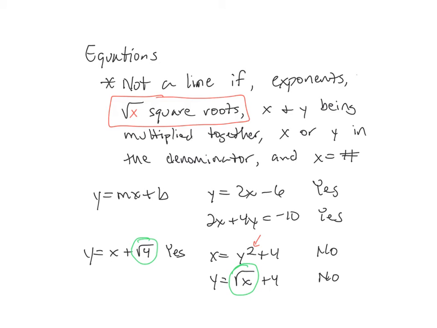Alright. And then the last thing you're going to look at is what's called discrete or continuous domain. So on a graph, it's really easy to tell.